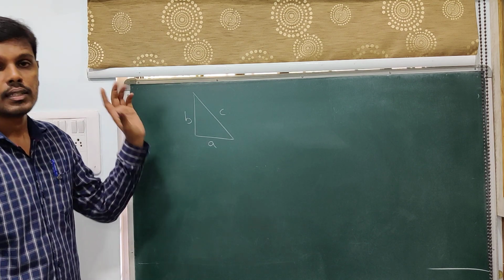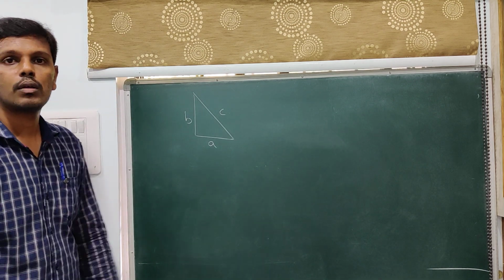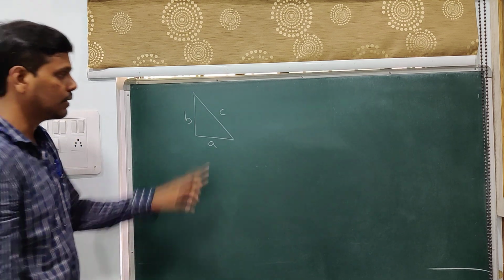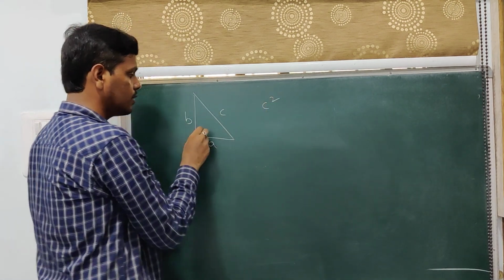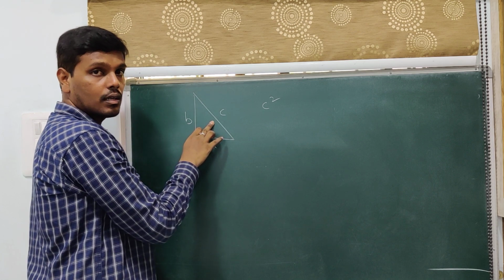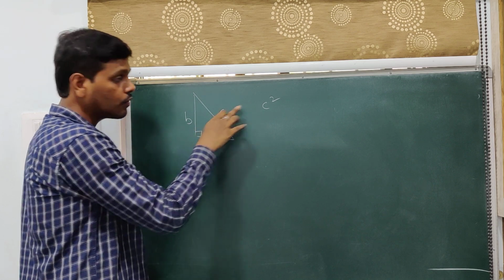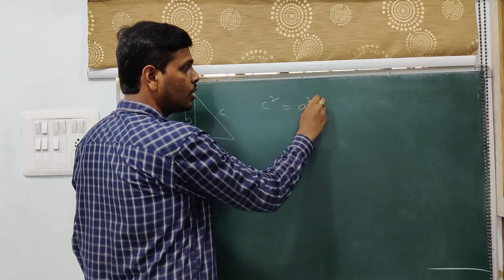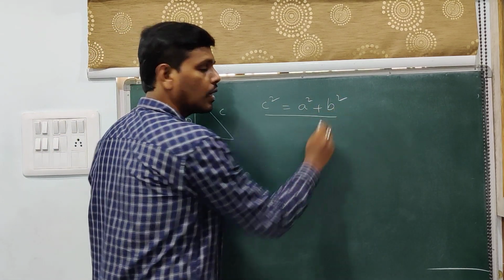In other words, the square of the largest number is equal to the sum of the squares of the other two. Here this is your right angle, therefore the side opposite to the right angle is the largest, and C is the largest. Therefore the square of the largest is equal to the sum of the squares of the other two.